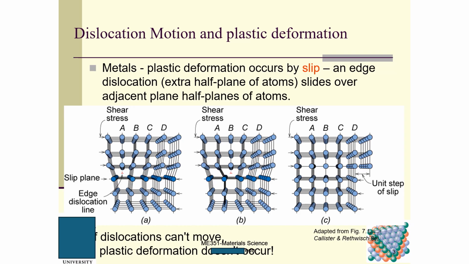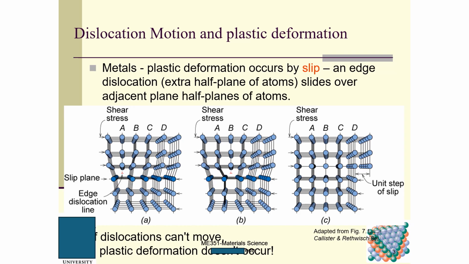If we keep applying the shear stress, finally this half plane will come out to this position. This is a unit step of slip. So this is one step.